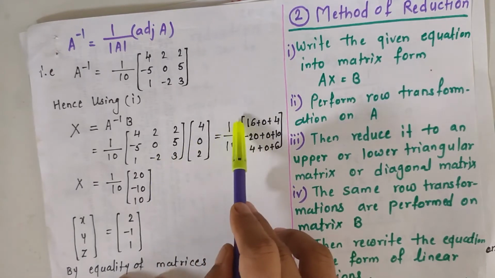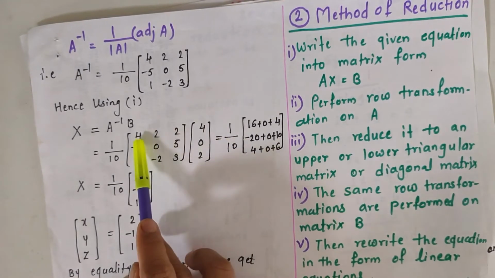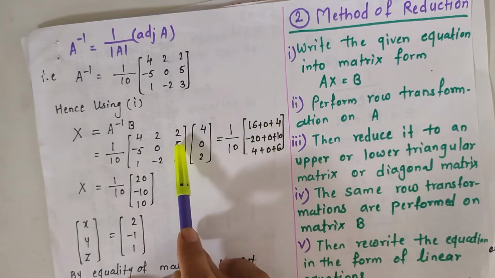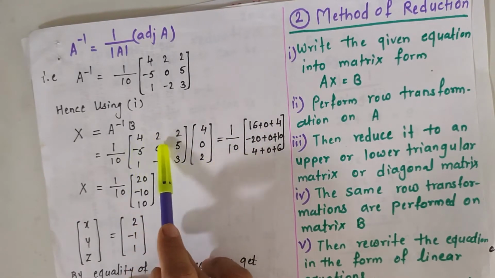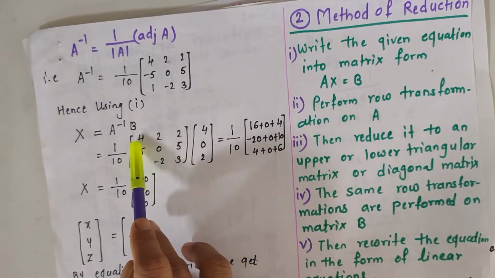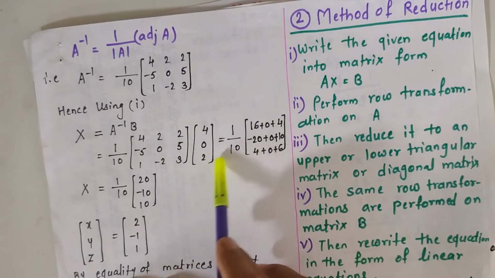Then 1 upon 10 into the product of these two matrices: 4 into 4, 16, 2 into 0 plus 0 and 2 into 2, 4. The product of these two matrices can be calculated by row to column, addition of row to column elements: 16 plus 0 plus 4.